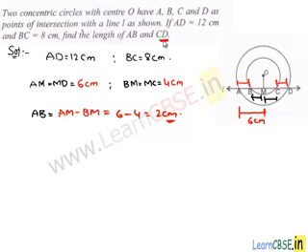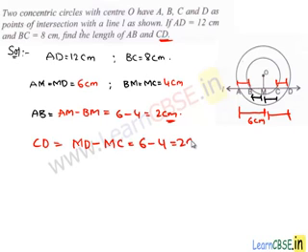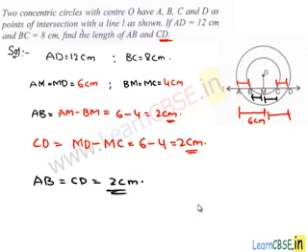Similarly, we can find CD by removing MC from MD. MD minus MC gives CD, which is 6 centimeters minus 4 centimeters, and it is also equal to 2 centimeters. Therefore, we notice that AB is equal to CD and it is equal to 2 centimeters. This completes our solution.